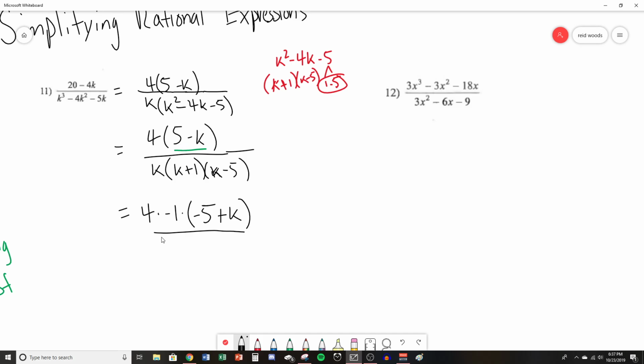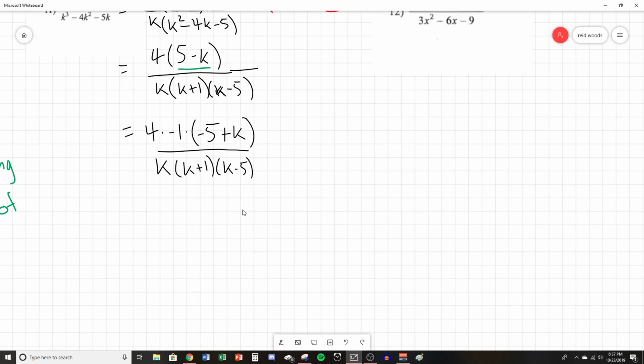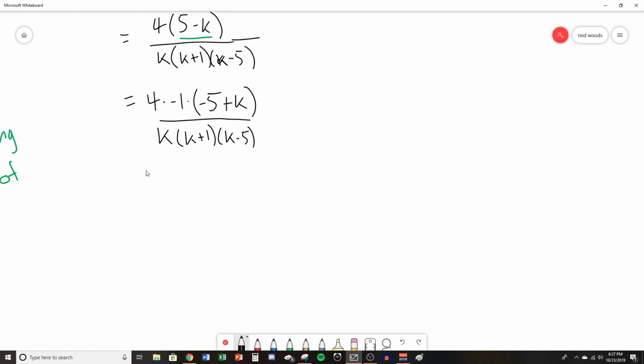So that's what's on the top here. Just factor out a negative 1. On the bottom I have k plus 1 and k minus 5 still. Now, how does this actually help me? Well, this becomes negative 4. I can rearrange this, the commutative property of addition. It doesn't matter what the order is. This is going to be k minus 5 now.